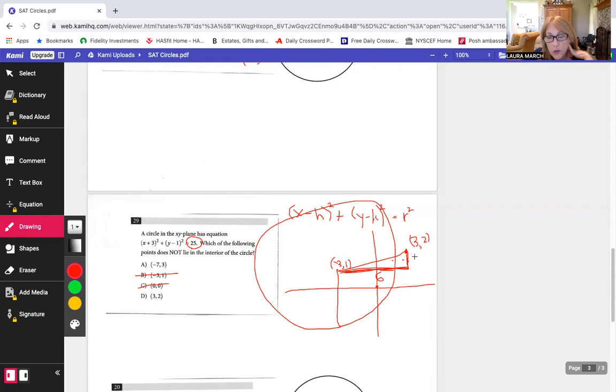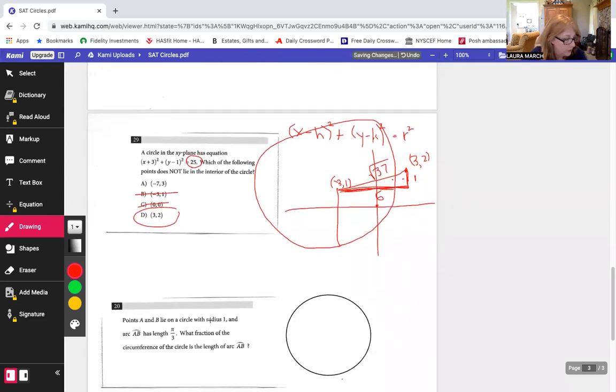And from 1 to 2, this leg is 1. And if I do 6 squared plus 1 squared, 36 plus 1 is 37. So the hypotenuse of this right triangle is rad 37, which is bigger than 5, bigger than rad 25. So 3, 2 is outside the circle.